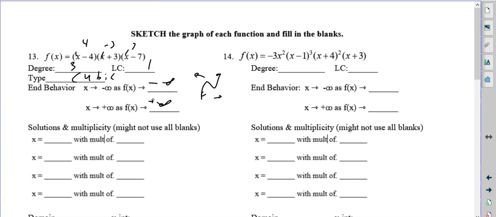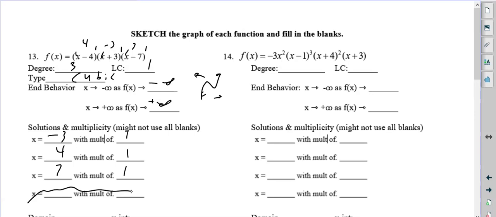Okay, solutions, we already said, are -3, 4, and 7, and they're all pass-throughs. They all have an exponent of 1, so the multiplicity is 1. All right, this one will be a nasty one to graph.